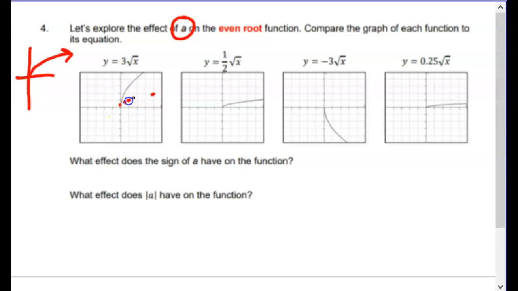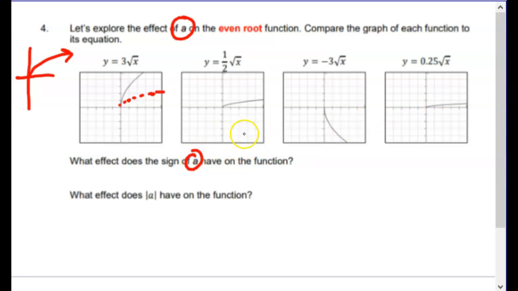So this is what the normal one would look like. That 3 made it go through 1, 3. The 1/2 made it go through 1, 1/2. The -3 made it go through 1, -3. And the 1/4 out here made it go through 1, 1/4. So what effect does a have on the function?